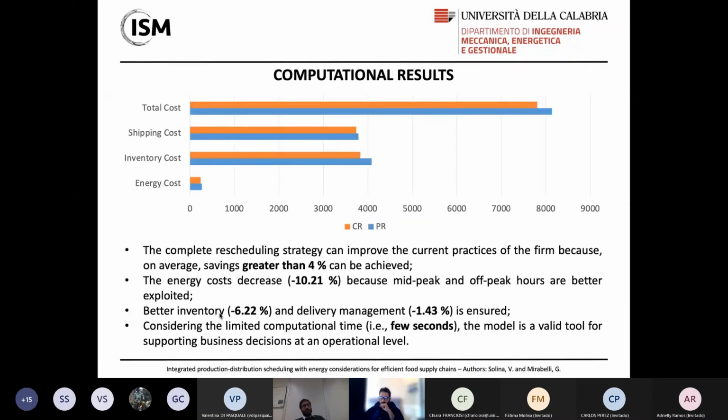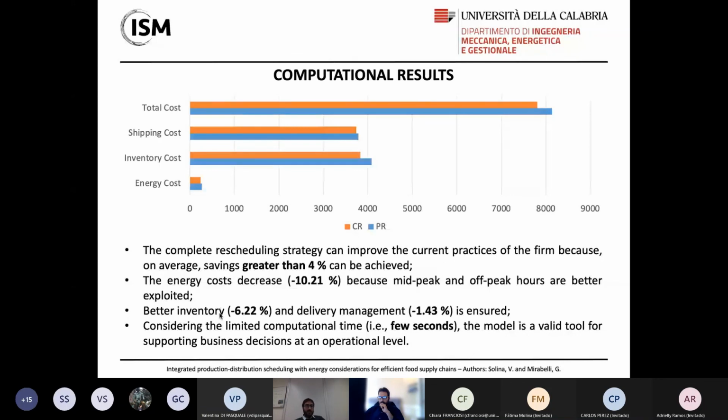What about the computational results? We can say that the complete rescheduling strategy can improve the current practices of the firm, because we can obtain overall savings greater than 4%.